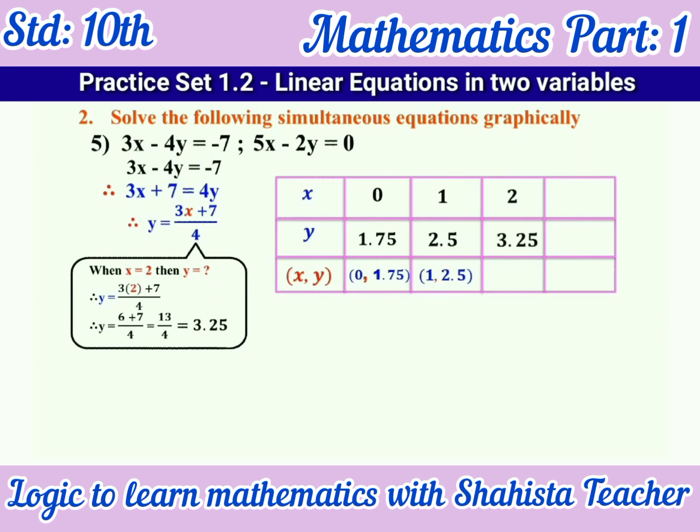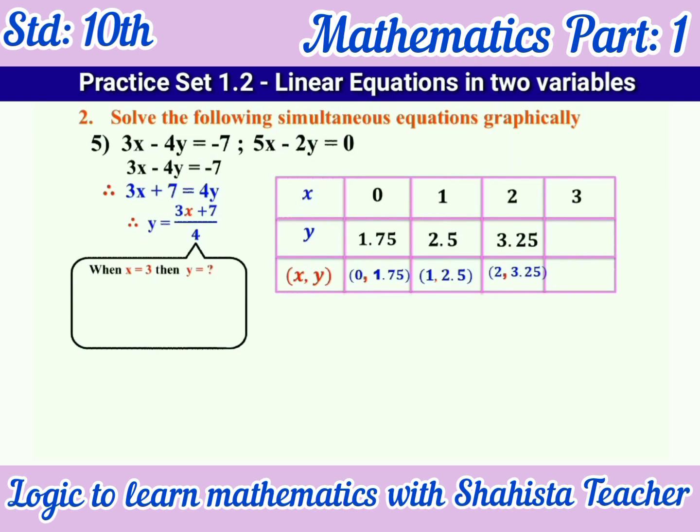So x is 2 and y is 3.25. So (2, 3.25). Now x is 3 but we don't know the value of y. So again we will use this equation, (3x plus 7) upon 4. In the place of x we will put 3.